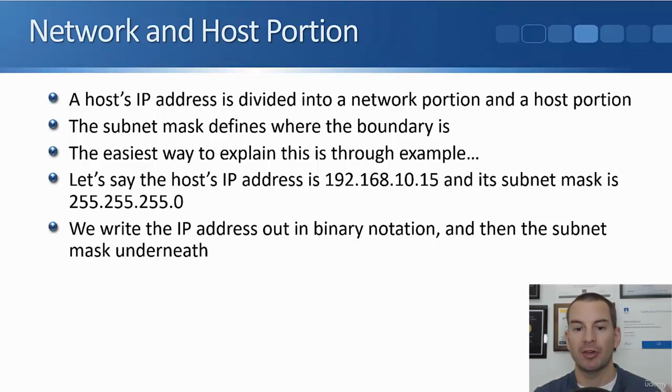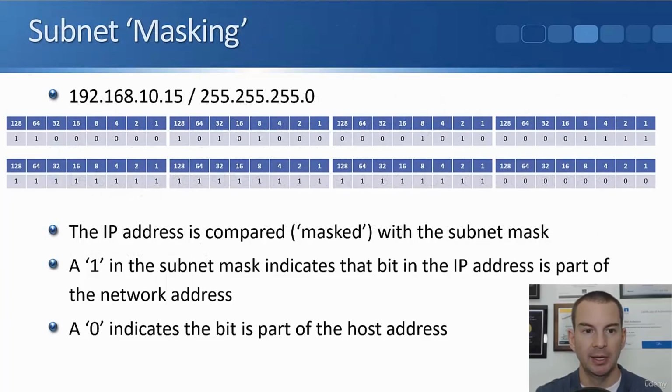Let's say the host's IP address is 192.168.10.15 and the subnet mask is 255.255.255.0. That's the IP address and subnet mask that's actually on my laptop. To figure this out, we write the IP address out in binary notation, like you learned in the last lecture, and then the subnet mask also in binary notation underneath.